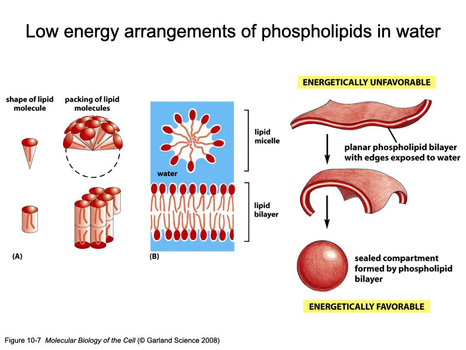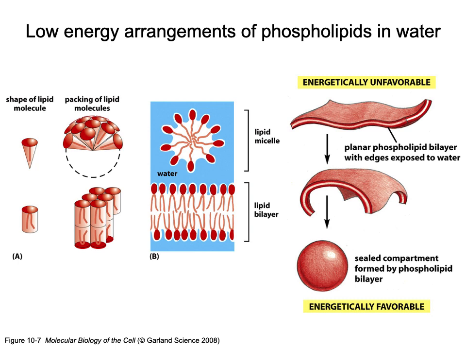So as we see on the panel on the right, we have this sheet. All those edges on the sheet potentially would be interacting with water, and so it's going to want to turn in on itself so that we end up forming a cell, a sphere, so that there are no edges that are exposed to the water.